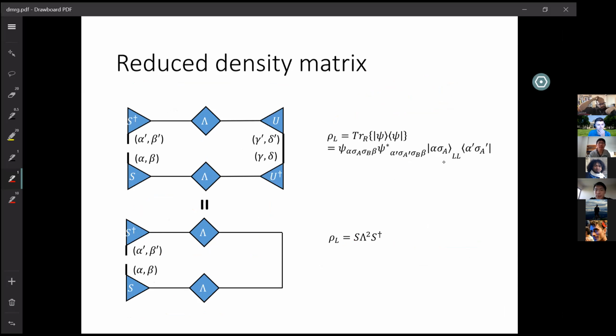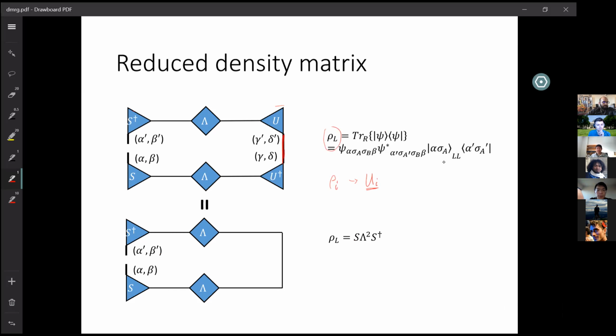Previously we said we just diagonalize the reduced density matrix, find its eigenvalues and corresponding eigenvectors, and use the eigenvectors as the basis for half of the system. Here, we put the matrix product state into this SVD form, and then look at the reduced density matrix. What is the reduced density matrix? We trace out the physical degree of freedom on the right to obtain the reduced density matrix for the left half of the system.